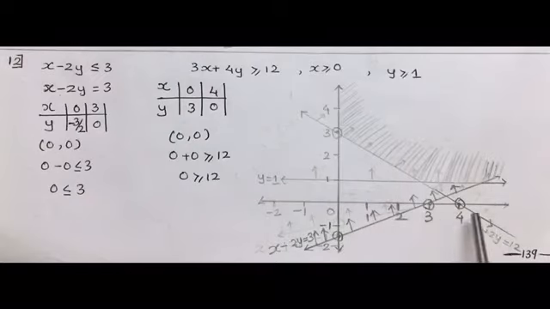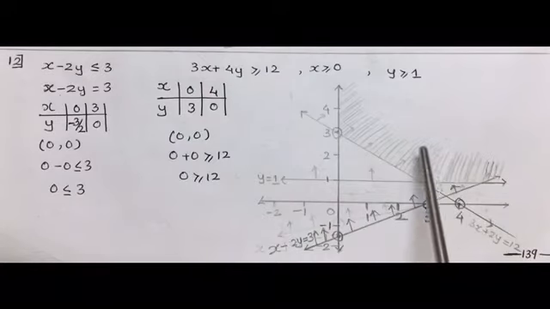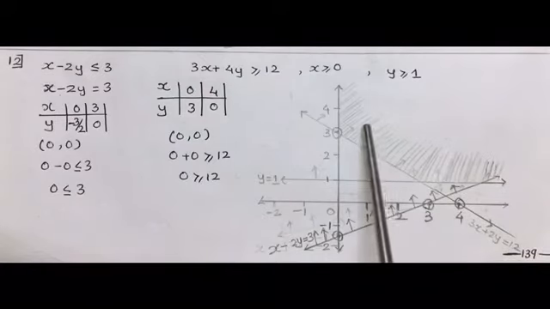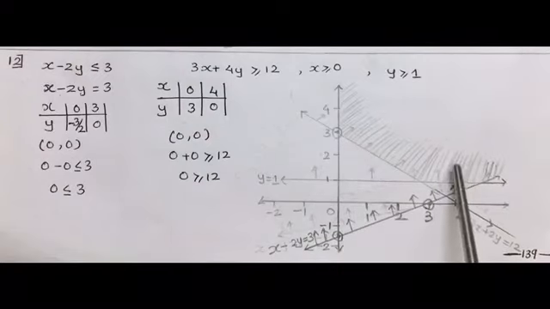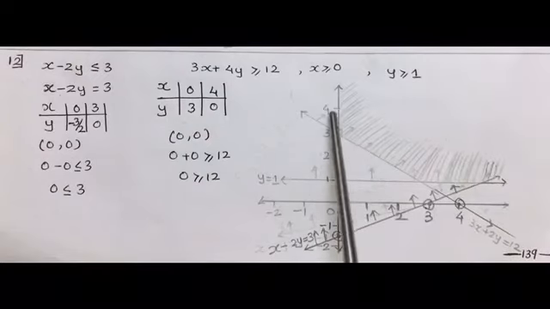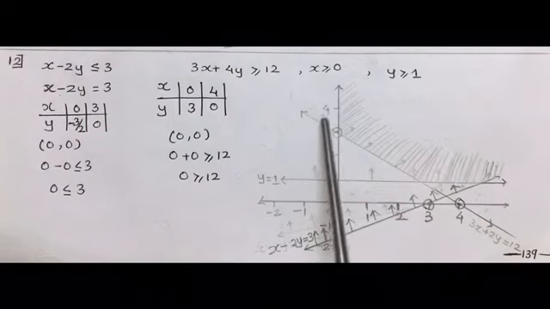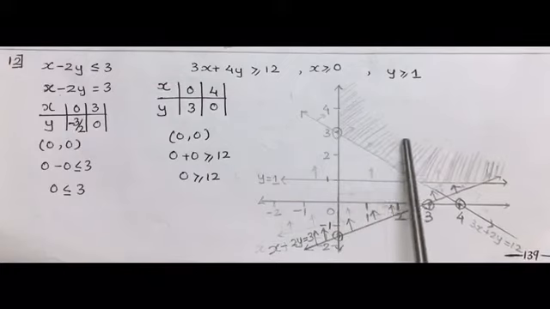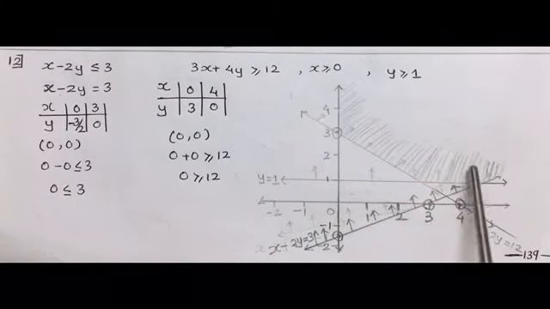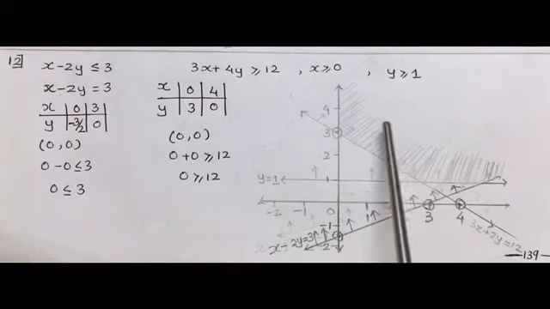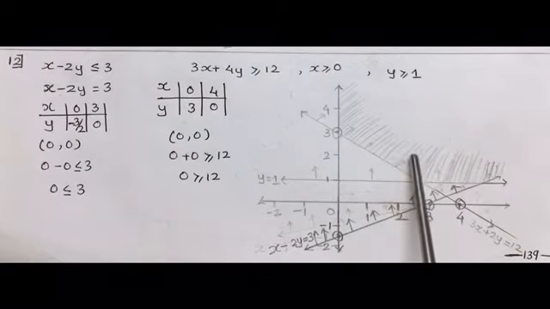Now if the common region is to be checked, then this is the common region where the solution lies. For x, we cannot take the negative side, so the shaded area should not go to the negative side. Only towards the positive side of x it should remain. So this is the open common region for all the 4 inequalities.